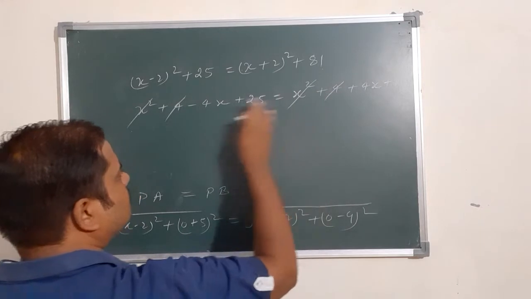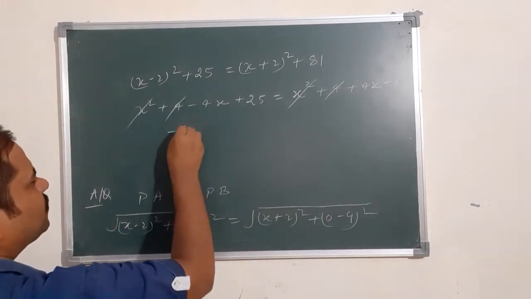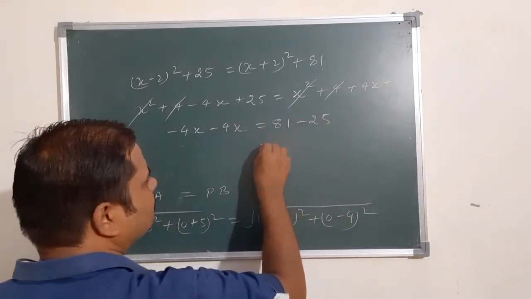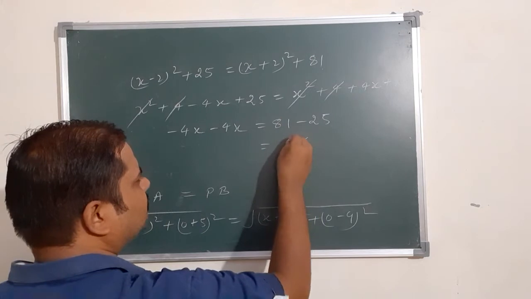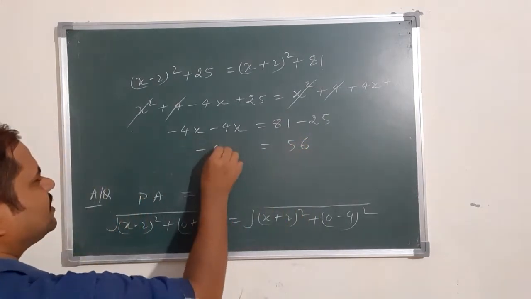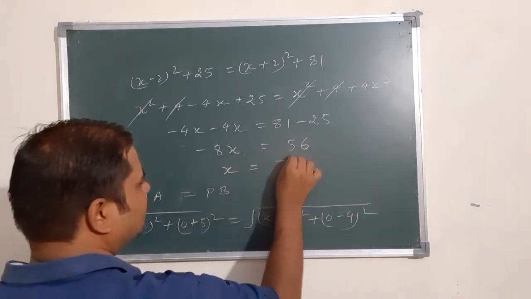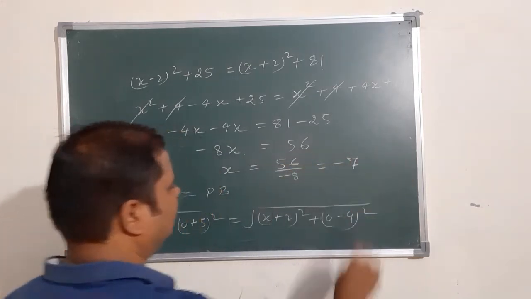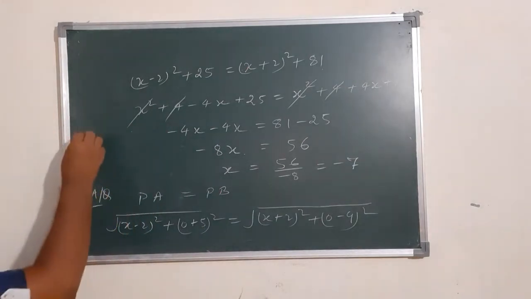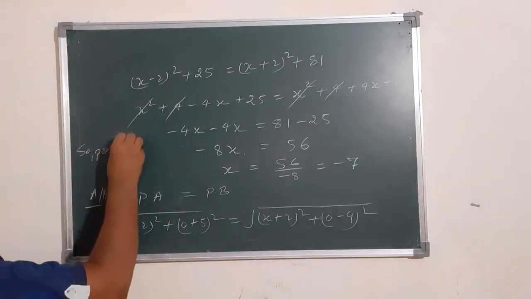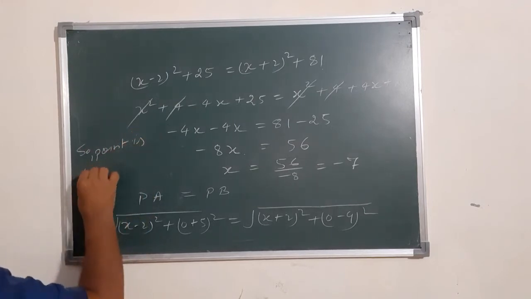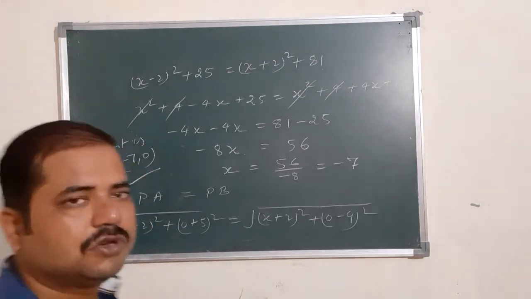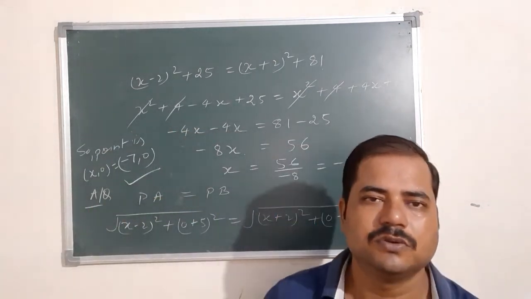Now this is -4x - 4x, so -8x is equal to 81 minus 25, which is 56. So x will be -56 by -8, this is -7. So the required point is (x, 0), that is (-7, 0). This is the solution of this particular question. So please note it down.